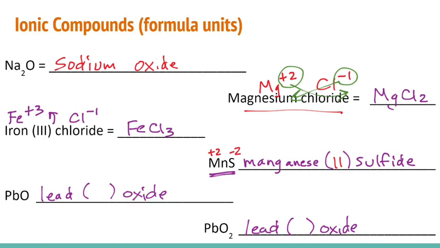And just like in that last example with MnS, we've got one Pb balancing out one O, and this time oxygen's charge is the same as sulfur. So if oxygen's a -2 balanced out by a single lead, that means this has to be a lead +2. Here though, when I have 2 oxygens that are each a -2 charge, lead has to be a +4 in order to cancel it out. So that becomes lead 4 oxide.